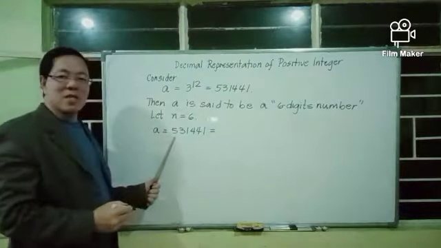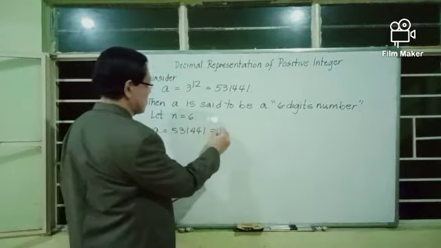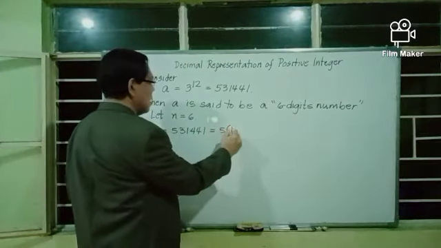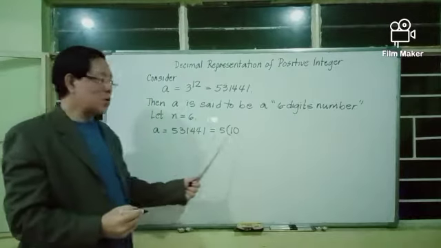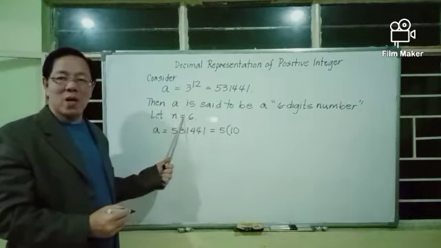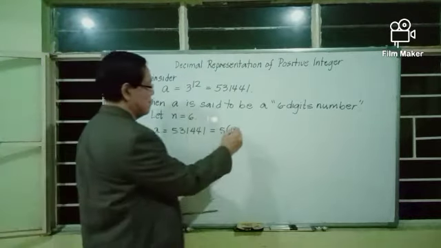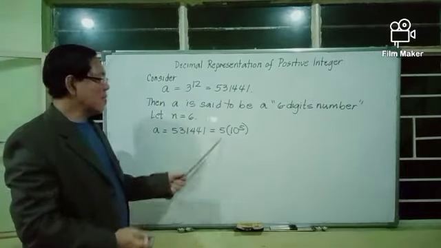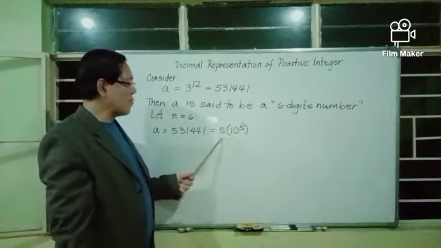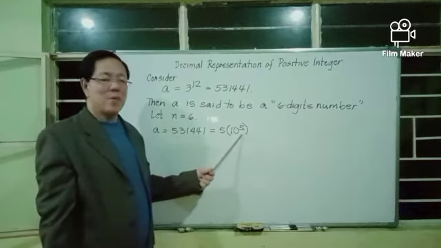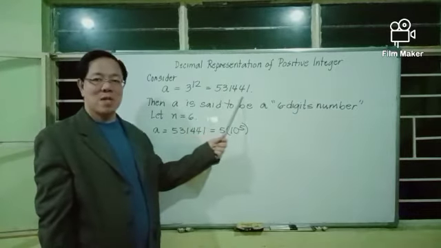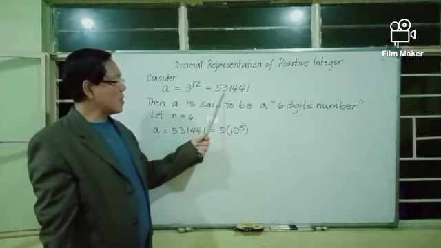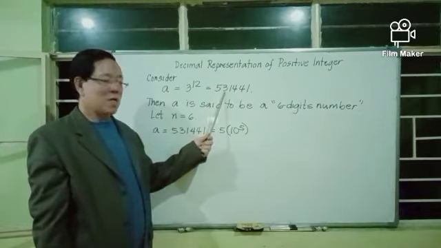The first digit is 5, and we multiply that by 10 to the power 6 minus 1, that is 5. If you multiply 5 by 10 to the power 5, you will get 500,000. And to 500,000, we add 30,000.